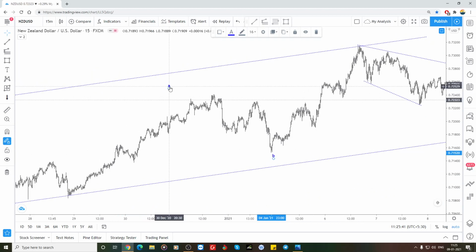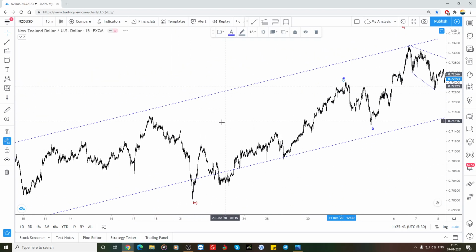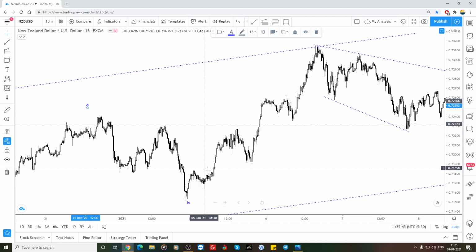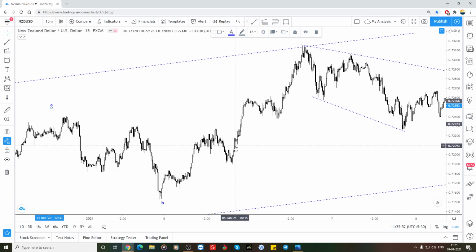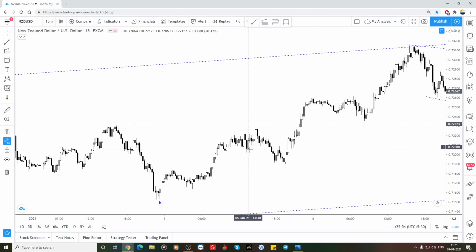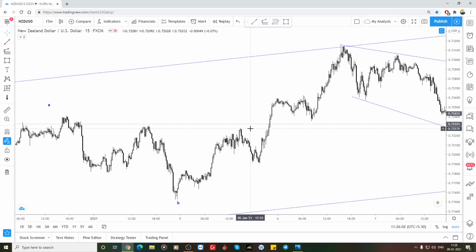So if we are not to place the ABC, we need to go deep into what it is. So here 1, 2, 3, okay, 4 and 5, and here it's not a 3-wave. See, everything, it's not a 5-wave structure here. It's a 3-wave structure. We need not force the chart. We need to observe what it is in there.